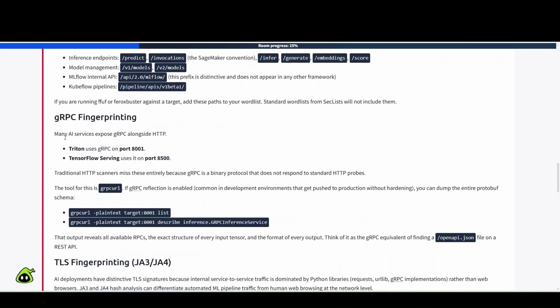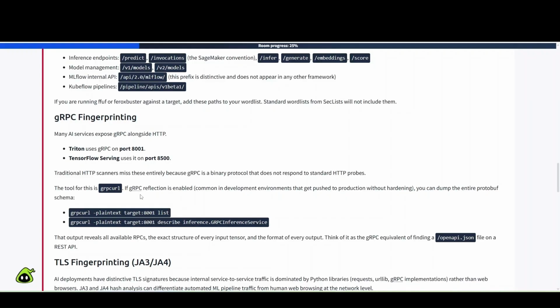gRPC fingerprinting. Many AI services expose gRPC alongside HTTP. Triton uses gRPC on port 8001. TensorFlow Serving uses it on port 8500. Traditional HTTP scanners miss these entirely because gRPC is a binary protocol that does not respond to standard HTTP probes. The tool for this is grpcurl.